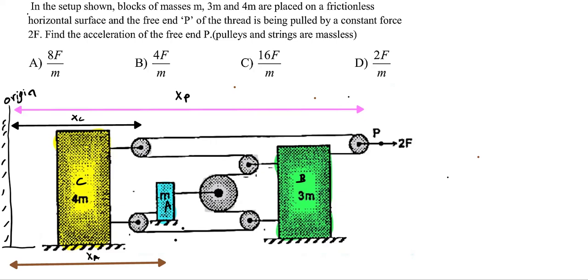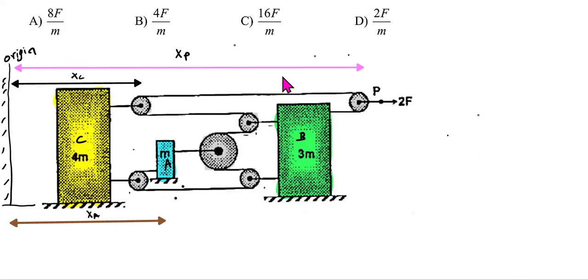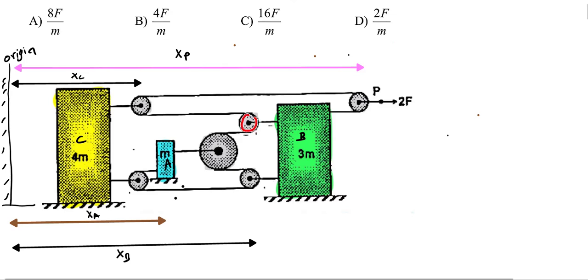Then we'll define xb. Now the displacement of this pulley and the block will be the same, so either you measure xb from here or here, it will be the same.